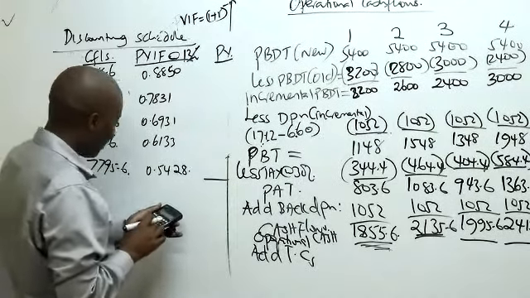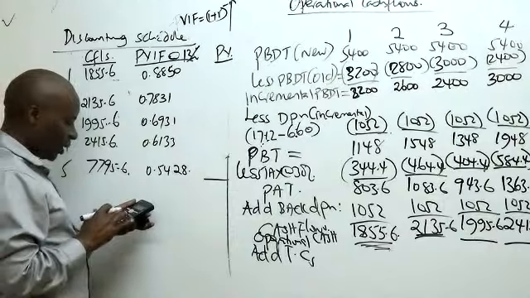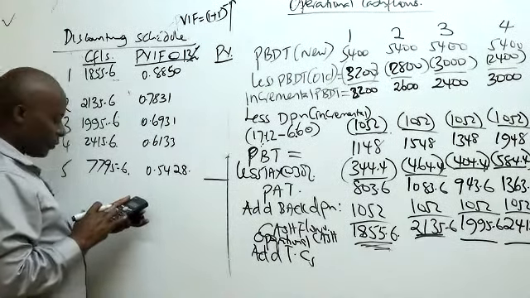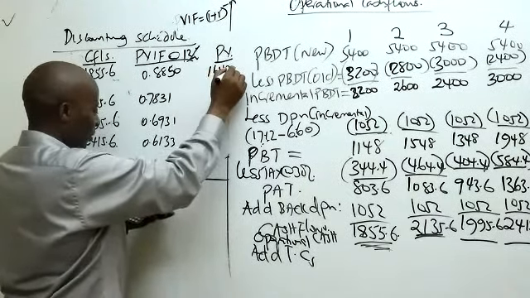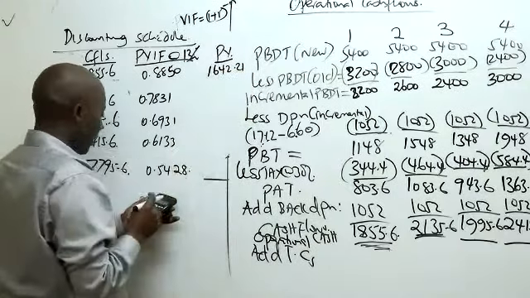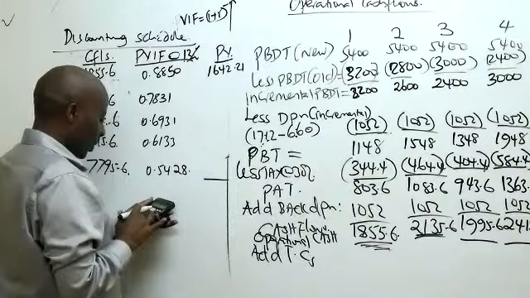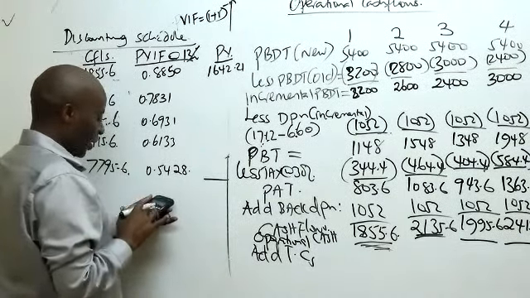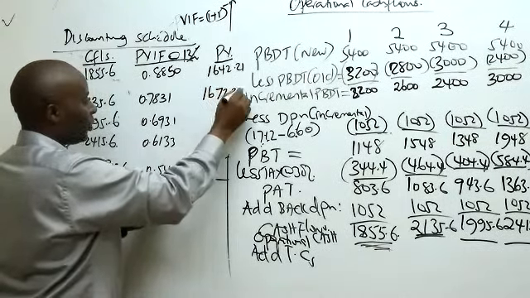Now come and multiply this very fast. The first one, 1855.6 times 0.885, gives us 1642.21. We have 2135.6 times 0.7831, which gives us 1672.39.